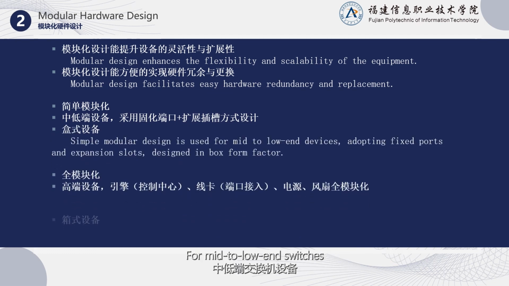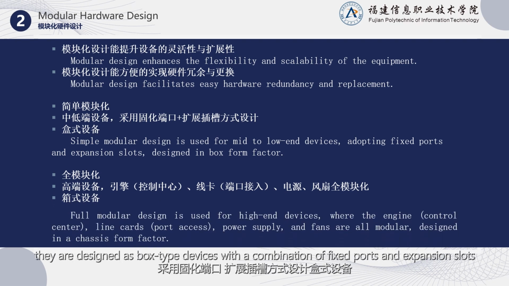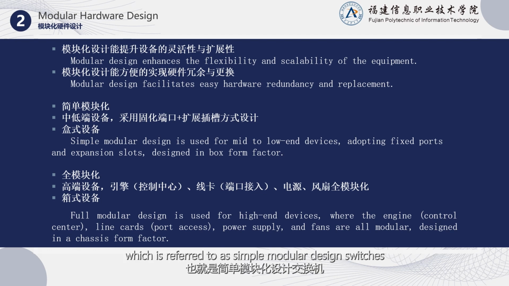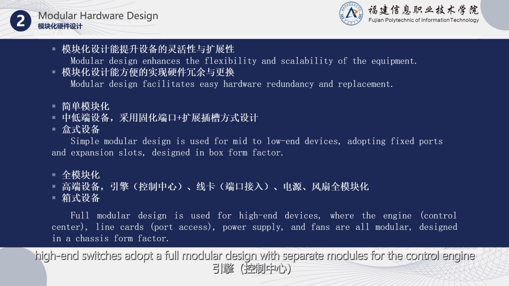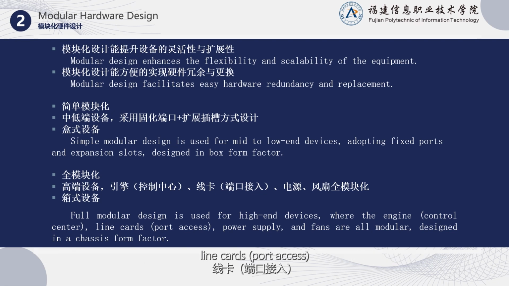For mid to low-end switches, they are designed as box-type devices with a combination of fixed ports and expansion slots, which is referred to as simple modular design switches. On the other hand, high-end switches adopt a full modular design with separate modules for the control engine, line cards, port access, power supply, and fans, all housed in a chassis.